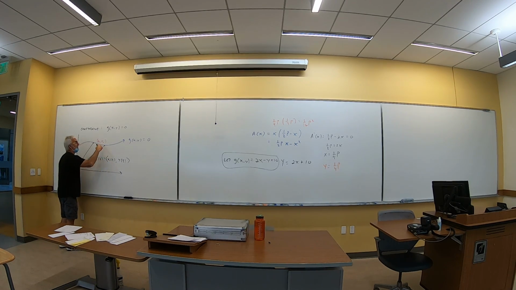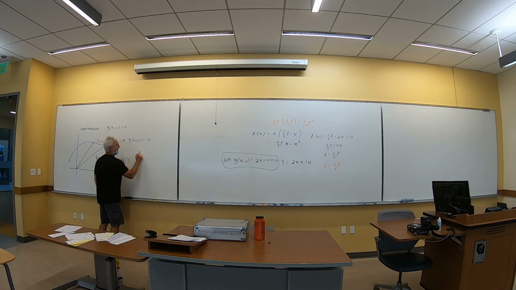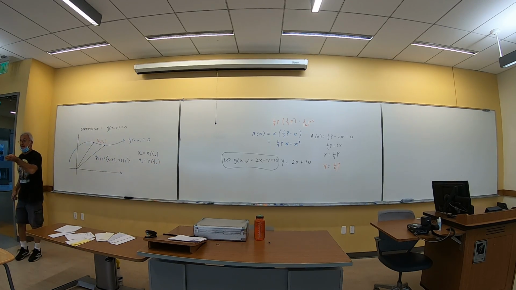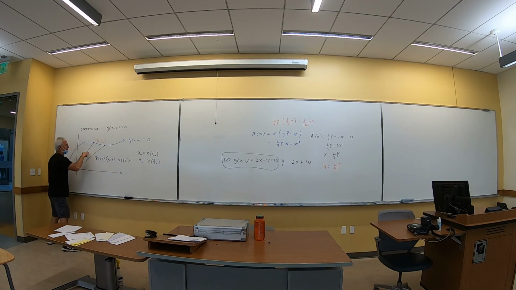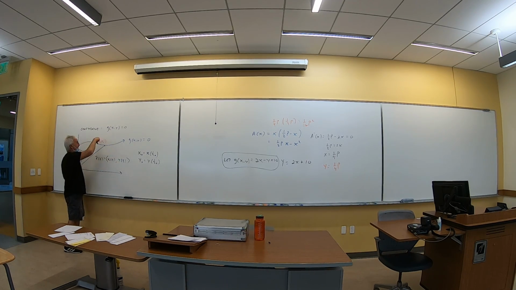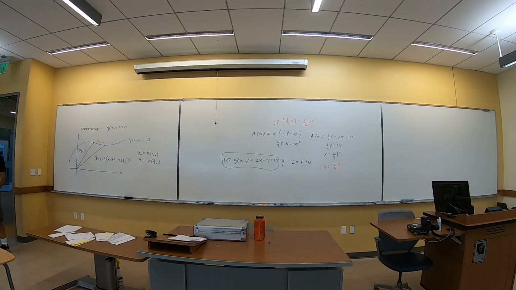If that's the case, then doesn't that mean that x0 would be x of t0 for some value of t0, and y0 would be y of t0? So there's going to be a particular t that produces the x and y. That means this would be r of t0, which is r of x of t0, y of t0, and that's what we're going to call x naught, y naught. Okay, so far so good. I haven't actually done anything, but I'm labeling everything.